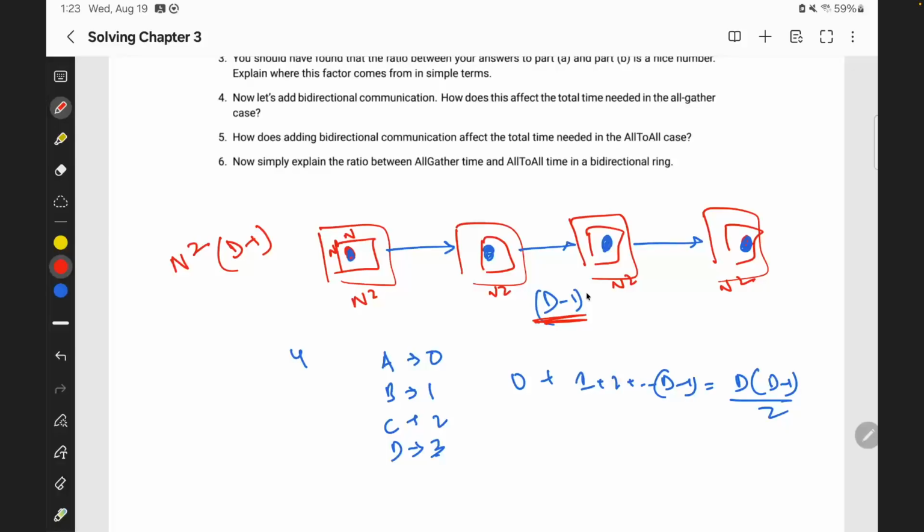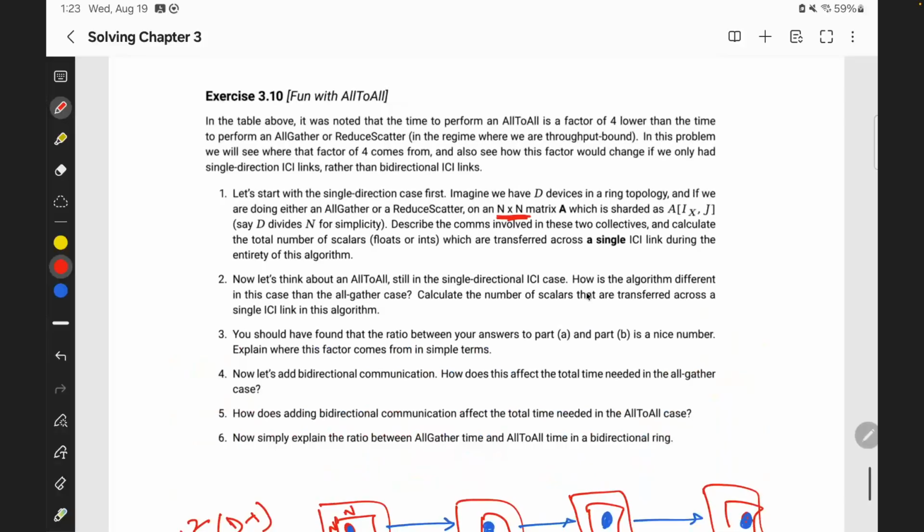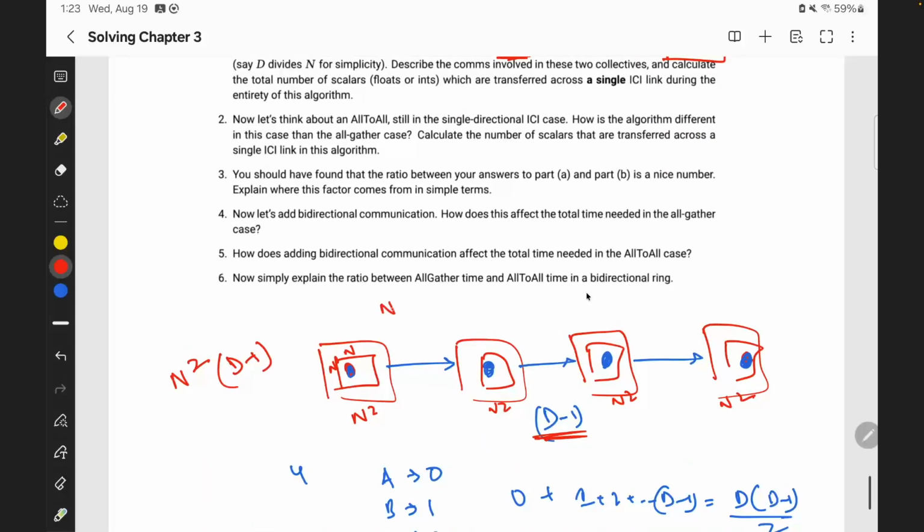Okay, sorry, one thing I forgot to say was this one will be sharded, like this device is sharded here. So instead of it being n cross n, it is actually n by d comma n. So this part is sharded.